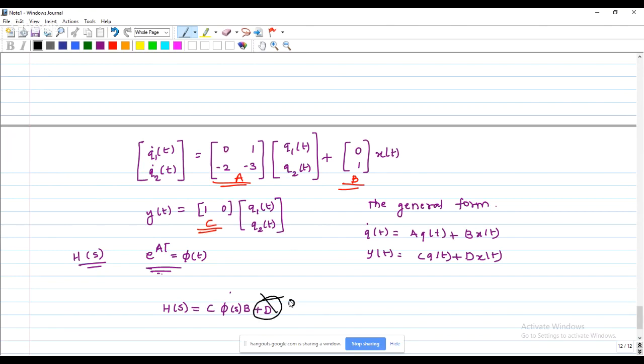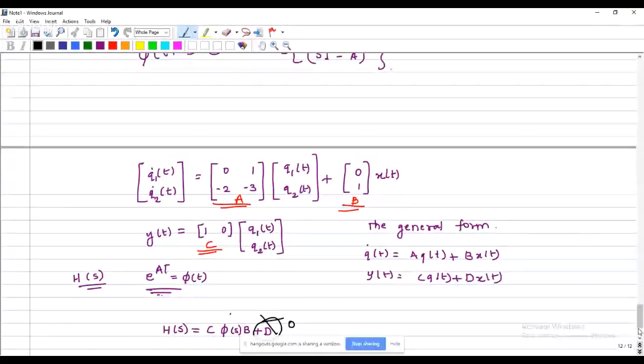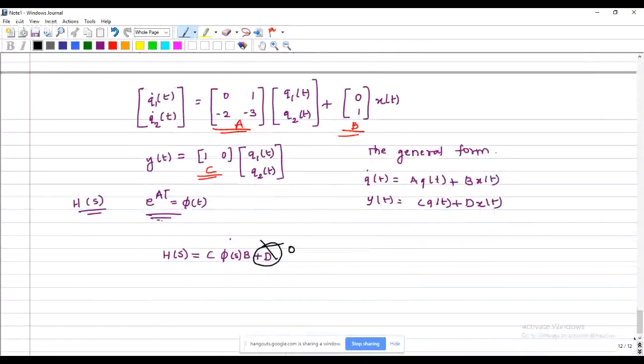Now we need to find what is phi of s. Phi of s is what we have just found: phi of s is (sI minus A) the whole inverse, right?